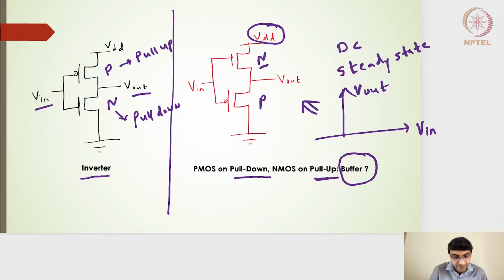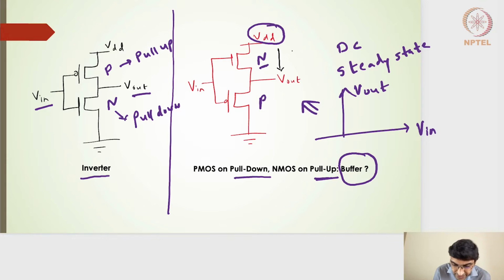Moving forward, let's analyze how we get this transfer characteristics. What we really need is the current versus voltage characteristics, especially the current versus the output voltage, and then the intersection point should map into this V out versus V in characteristics.